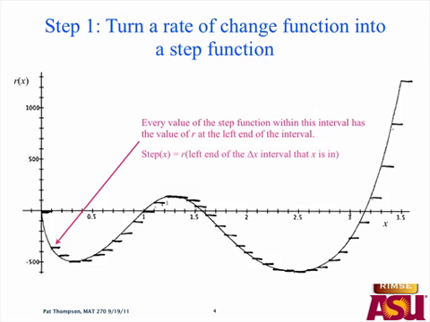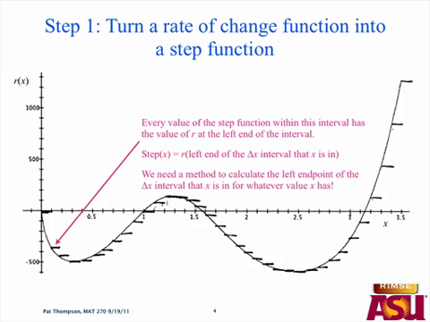Step(x) equals r at the left end of the delta x interval that x is in. So we need a method to calculate that left endpoint. That's our first goal anyway. For building these accumulation functions, we need to get that r value when the numbers aren't so nice.